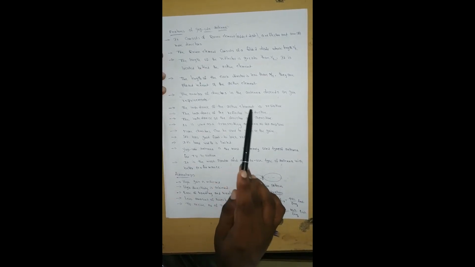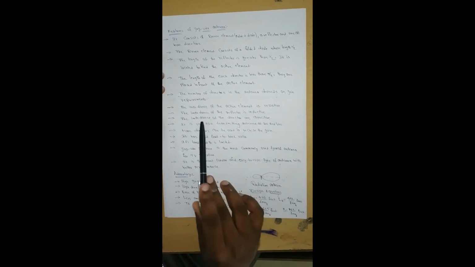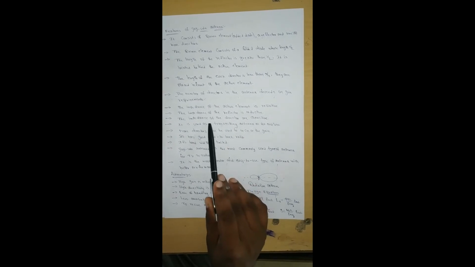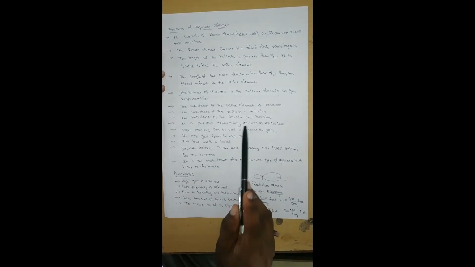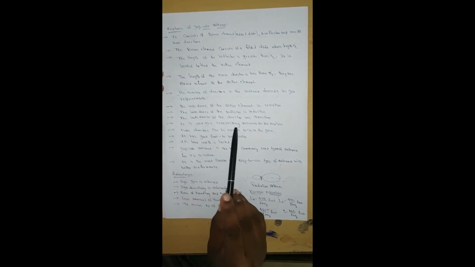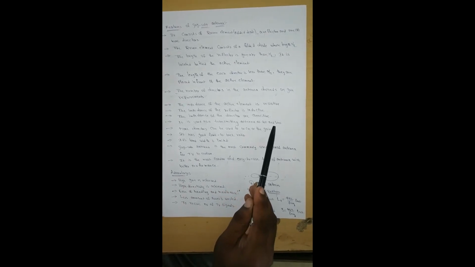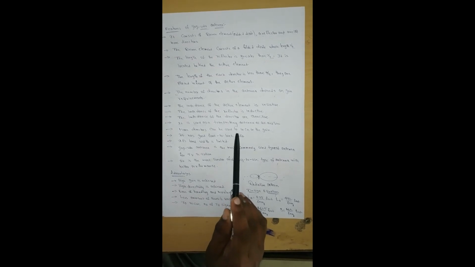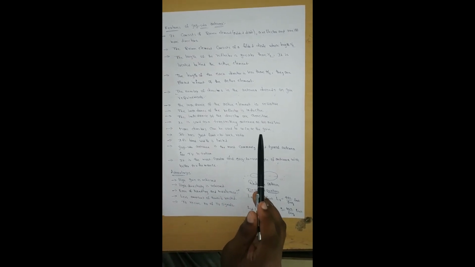The impedance of the active element is resistive, the impedance of the reflector is inductive, and the impedance of the director is capacitive. It is used as a transmitting antenna in HF and VHF bands. More directors can be used to increase the gain of the antenna.